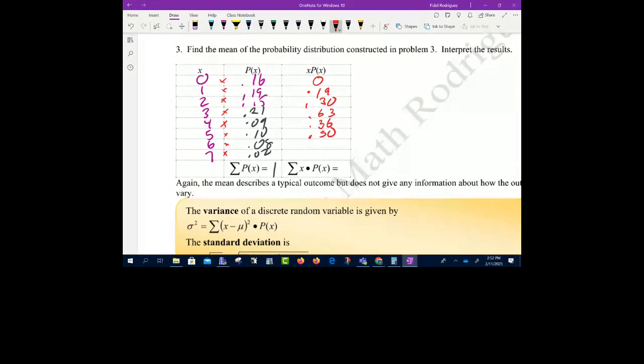You can use your calculator for this too, y'all. I'm just multiplying. 6 times 0.08 is 0.48. 7 times 0.02 is 0.14.